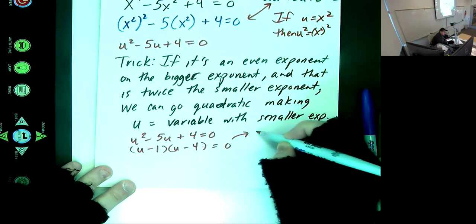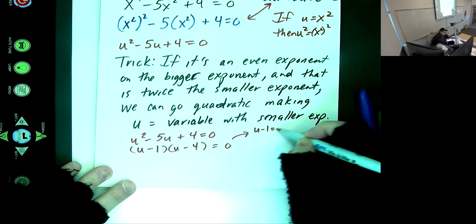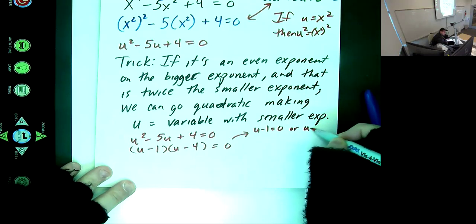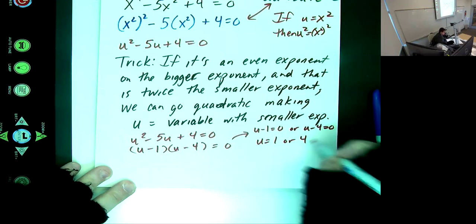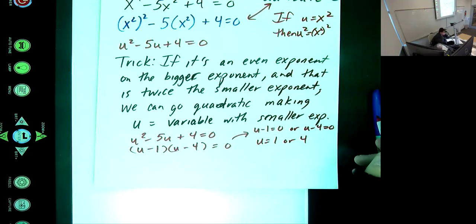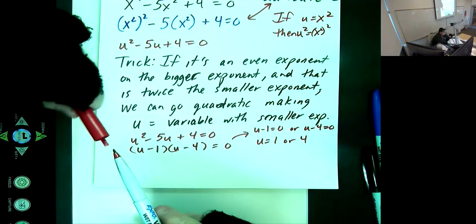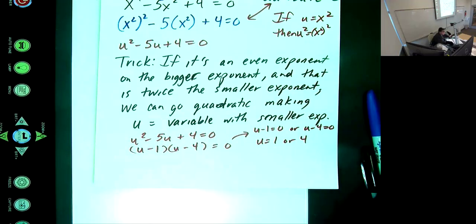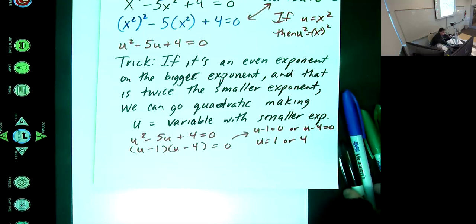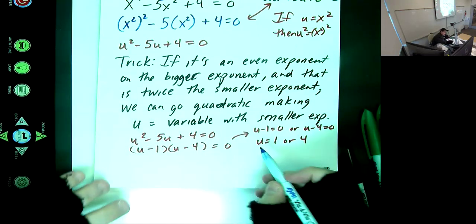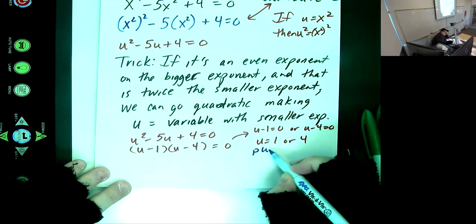So this becomes u minus 1 equals 0, or u minus 4 equals 0. We get u equals 1 or 4. But we didn't start with u, we don't end with u. So we have to take this and plug x squared back in.